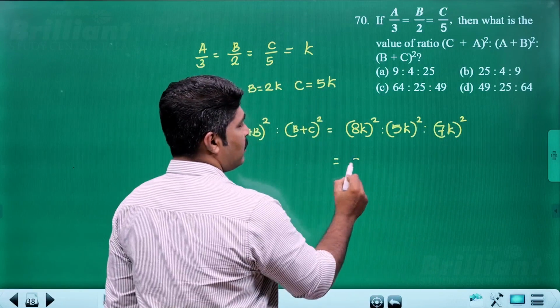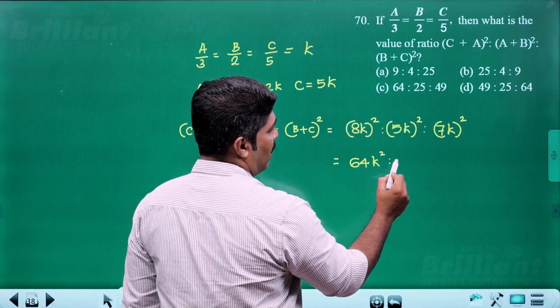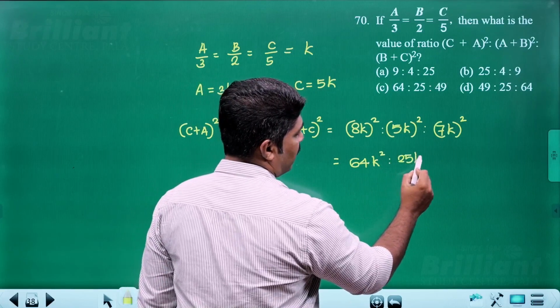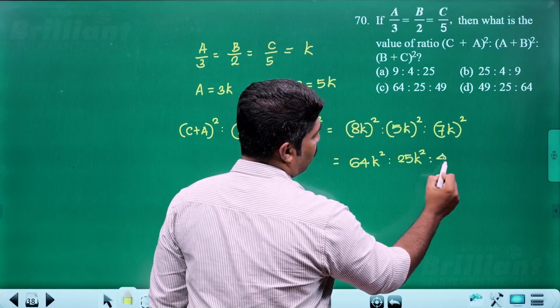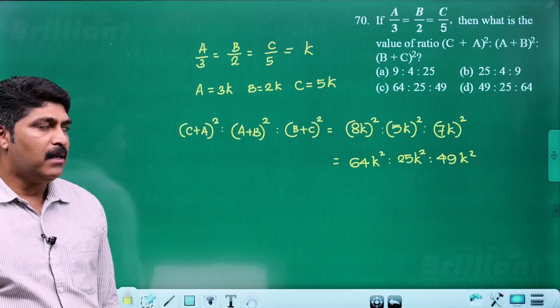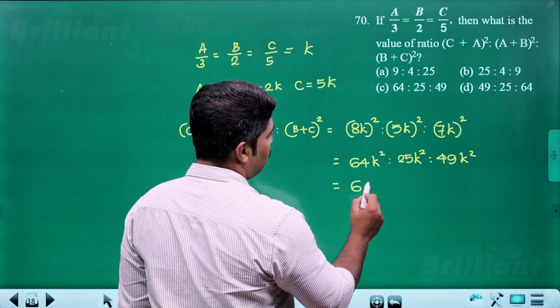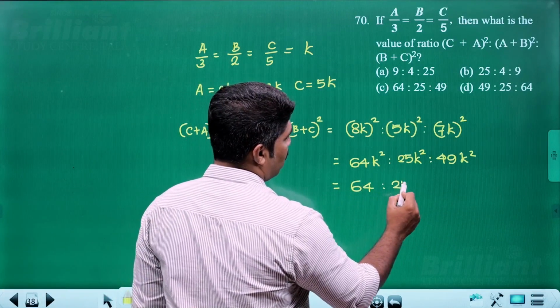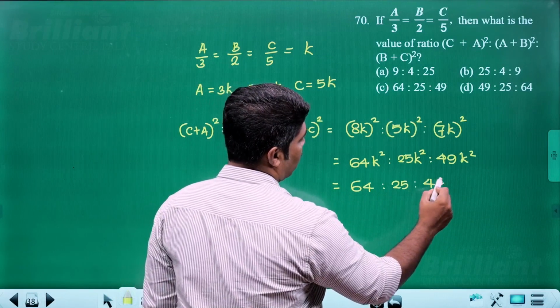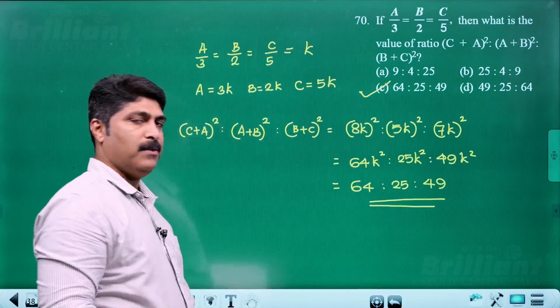We get 64K square, 25K square and 49K square. As K square is common in all the terms, we can simplify it further and write this as 64 is to 25 is to 49.